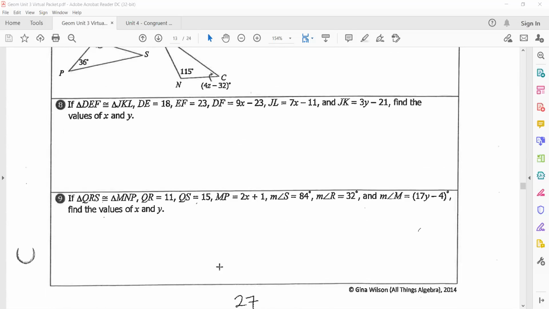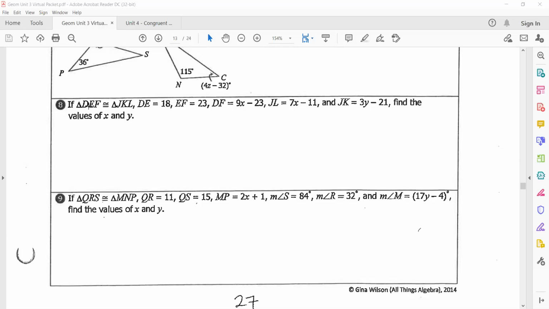You got two triangles that you know are congruent. It's telling you some side lengths in numbers and in expressions. So now you just got to figure out what the corresponding sides are that are congruent. And it works the same way as the angles. The ordering of the letters is everything. So for DE here in number 8, DE is 18.